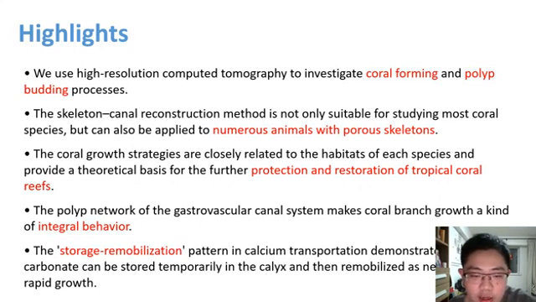The data obtained through HRCT and its 3D reconstruction contain a large amount of coral growth information, which can be used in further research on reef-forming patterns under different conditions. The method used in this study can also be applied to animals with porous skeletons.